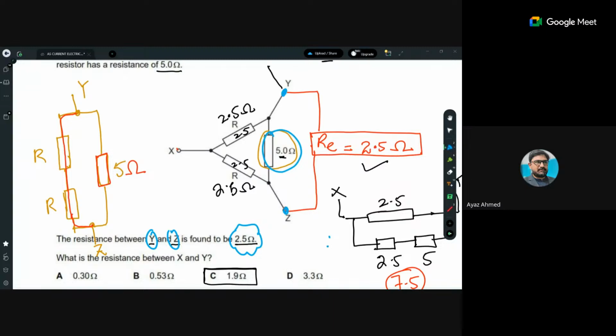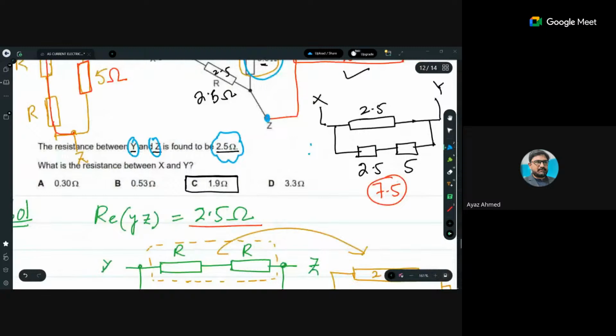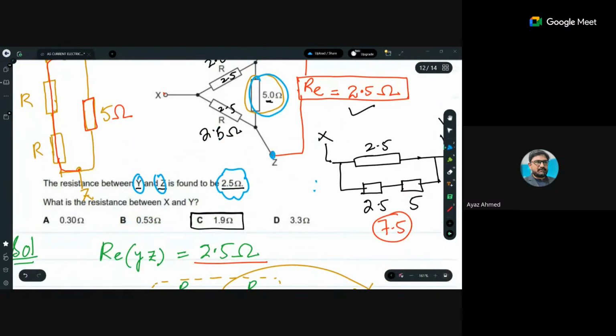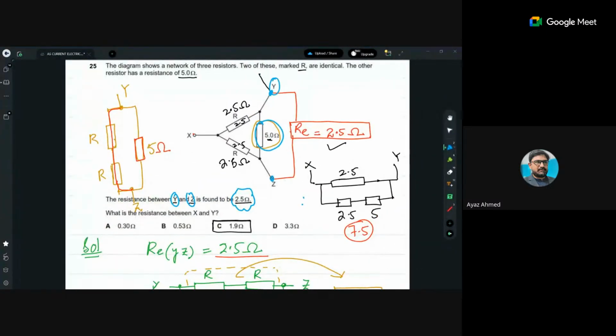Now you see, I can simply redraw that diagram. Check this one out. What did I do? I just marked this point Y and this point Z, right? So I just redrew all that.